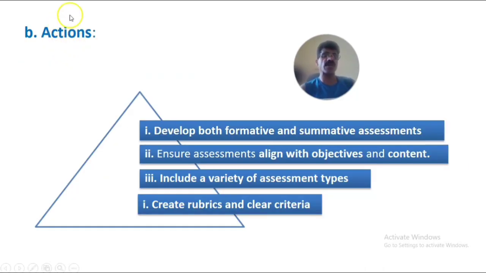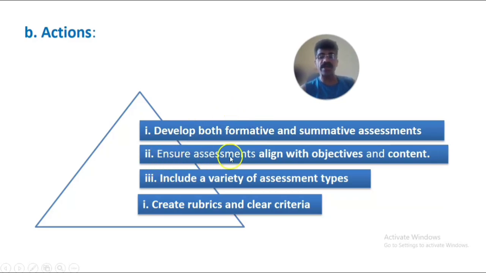The actions, or sub-steps, of this step: develop both formative and summative assessments. Formative is ongoing, during the period of the year or semester. At the end of the semester or year, the assessment, that is the university examination, is called summative assessment. Unit tests and the like come under formative assessment.